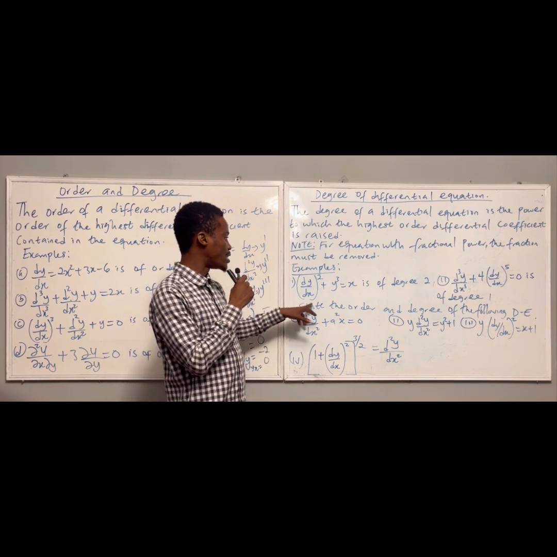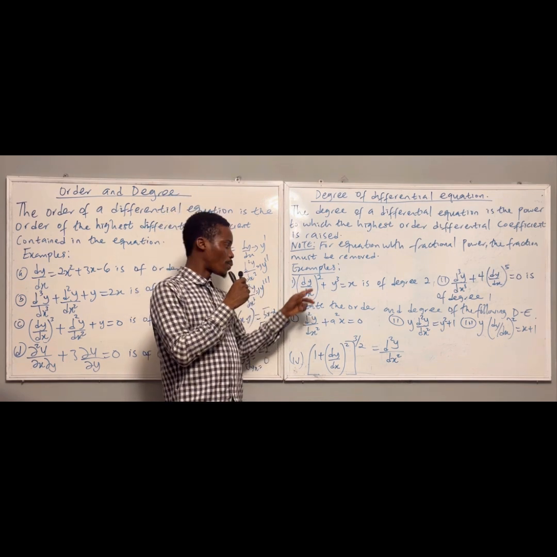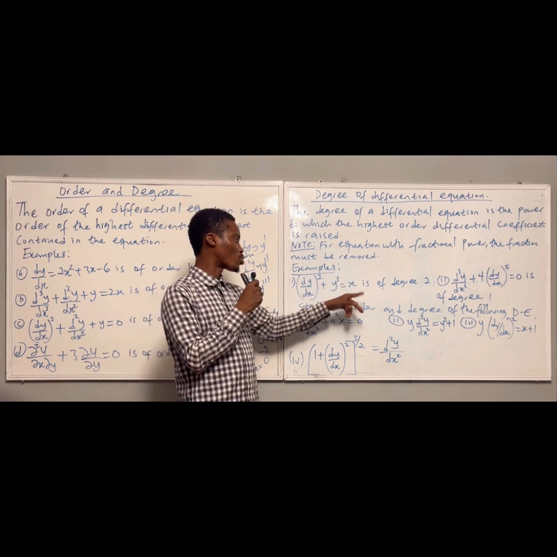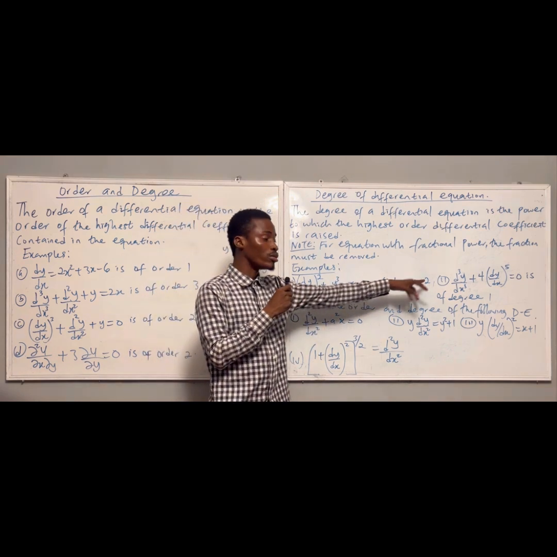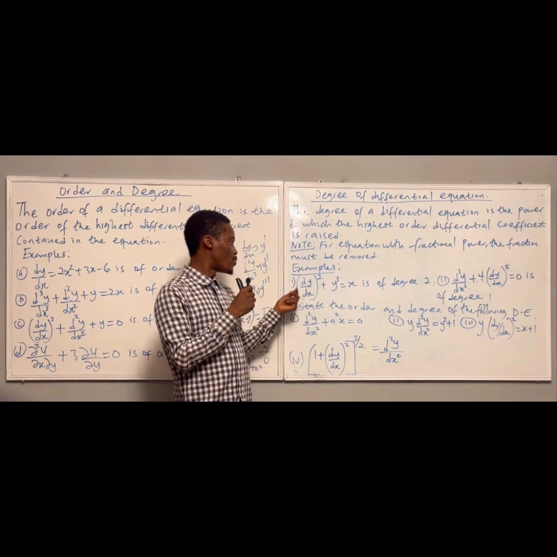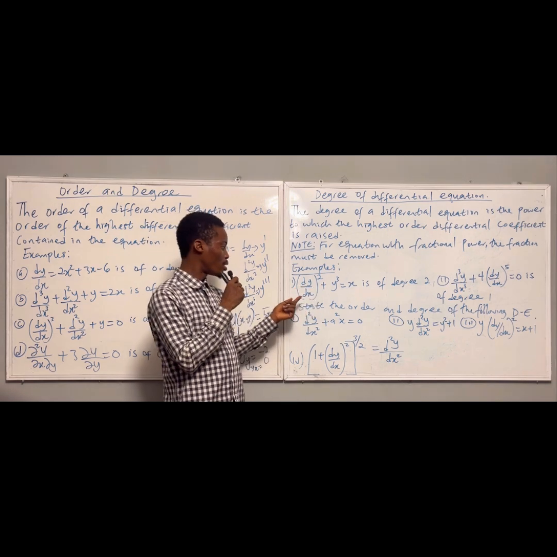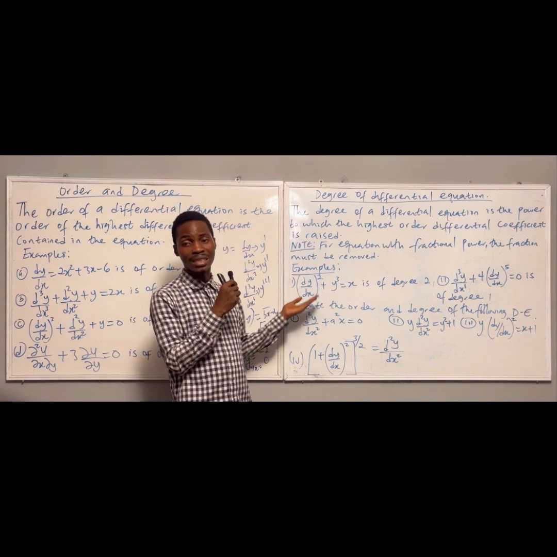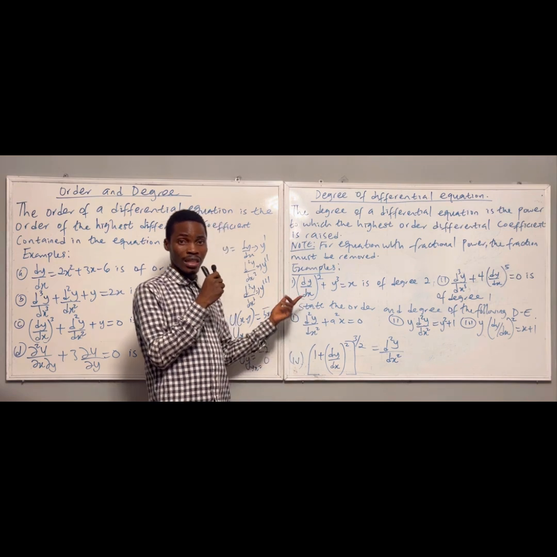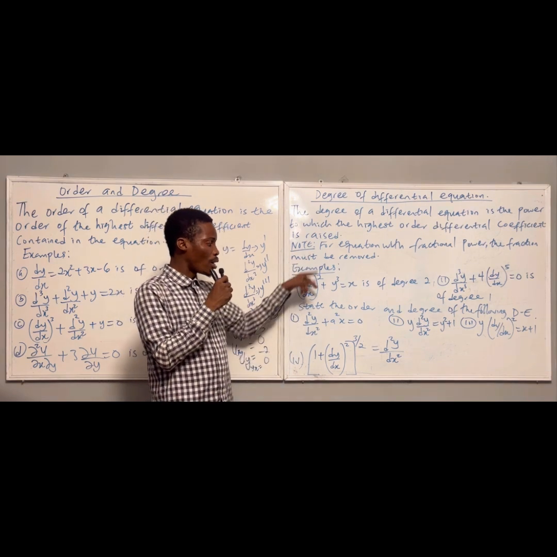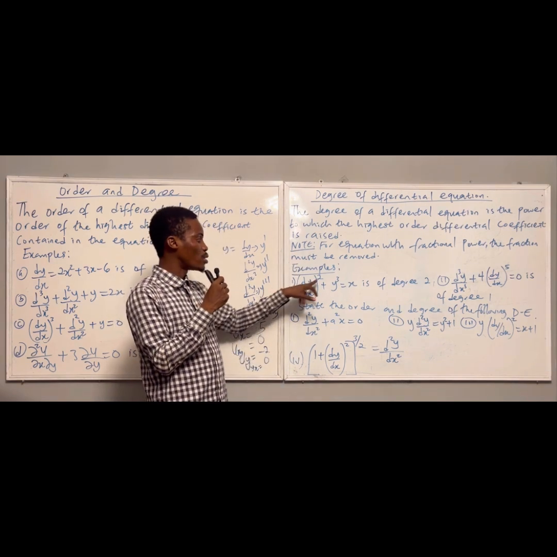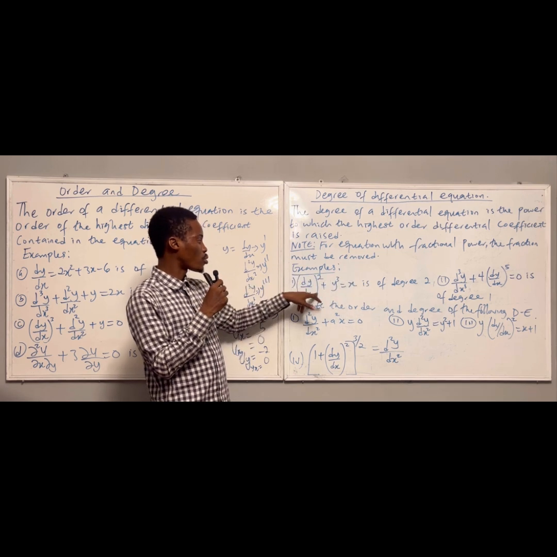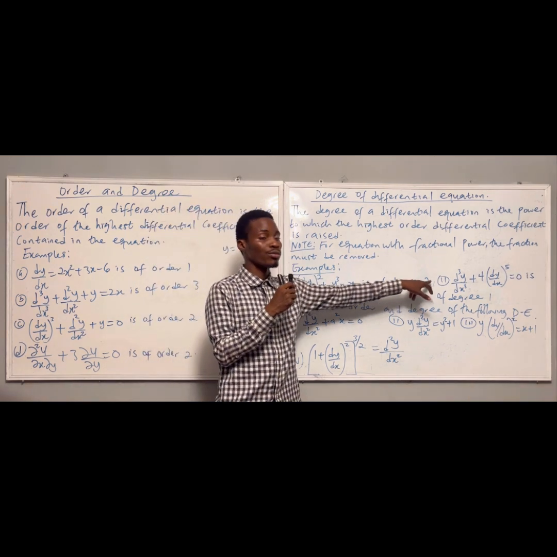So if you have dy over dx to the power of 2 plus y to the power of 2 is equal to x, it is of degree 2. Yes, because the highest differential coefficient here is dy over dx. After dy dx, we don't have any other derivative here. So the power of the highest will give us the degree. The power here is 2, so the degree is 2.